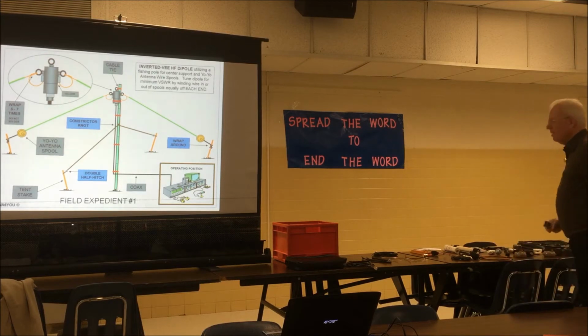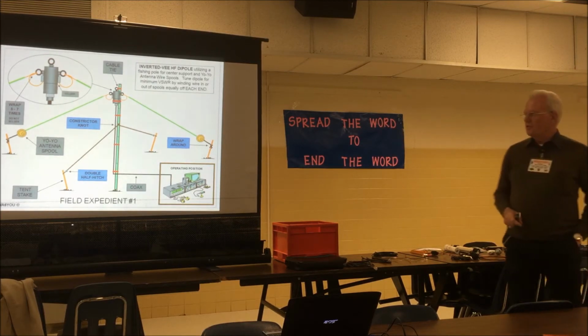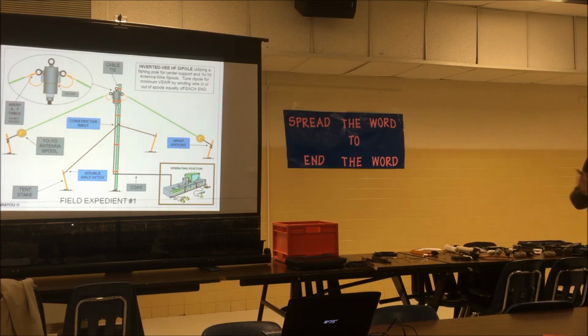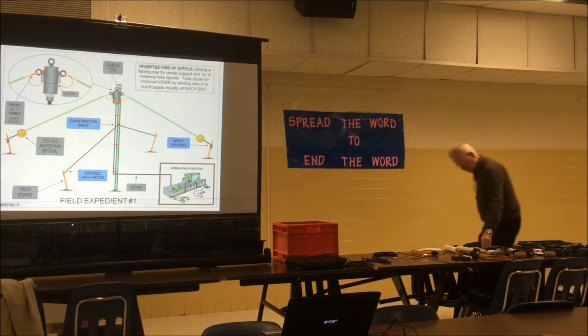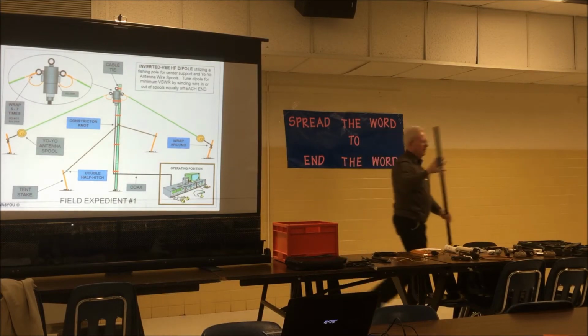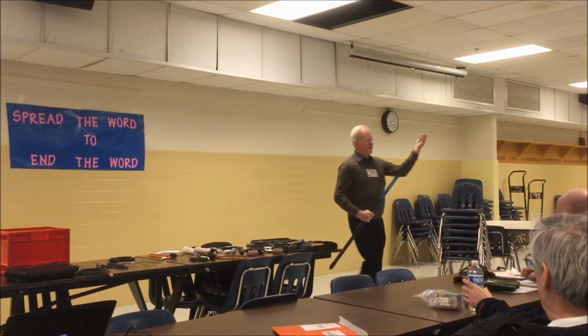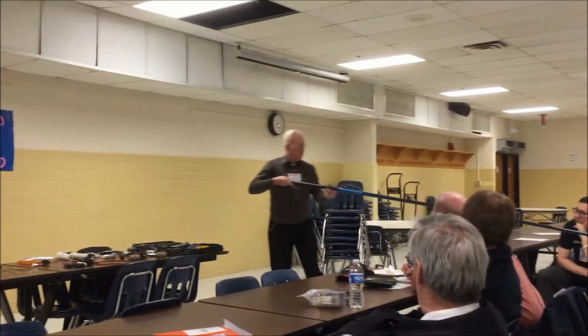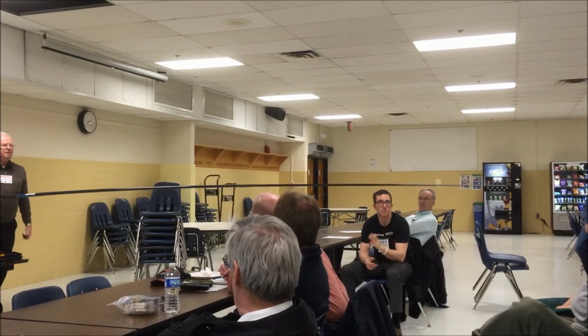There you go. Guys, this is a super easy one to put up. Field day, picnic grounds, whatever you want to do. And what I have here, and I think I showed it before, but I did want to show you all. That center mast there is this fishing pole, which goes 18 feet.